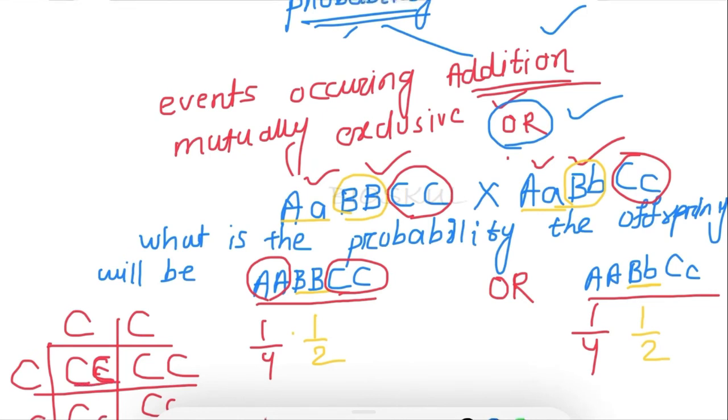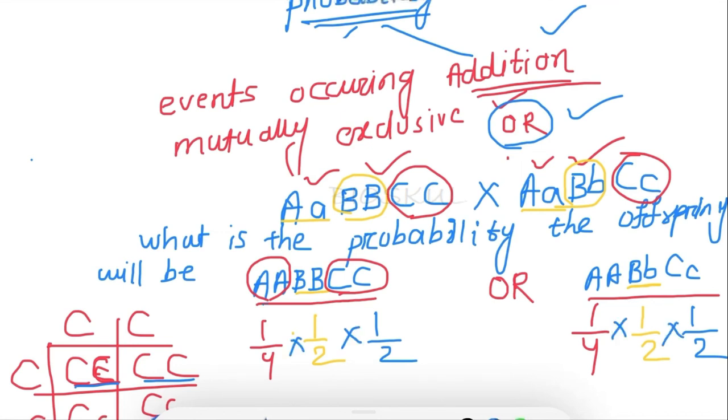This probability is 2 out of 4, so it will be half. Like that, the probability of Cc is also half. So if you get this type of question, first solve for each gene. Find out the probability of each gene by crossing the parents, like I solved here. Then it will be very easy for you to get the answer.